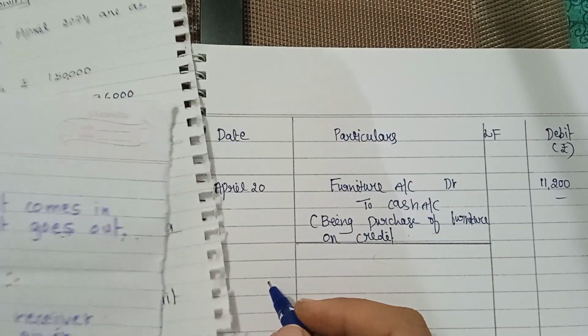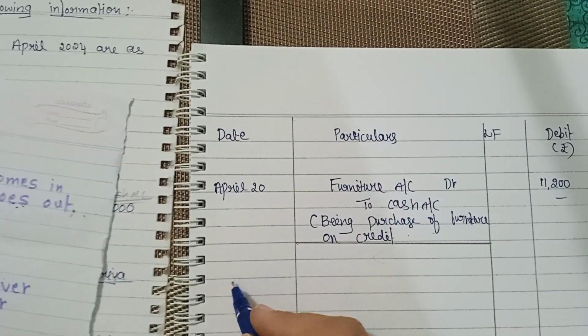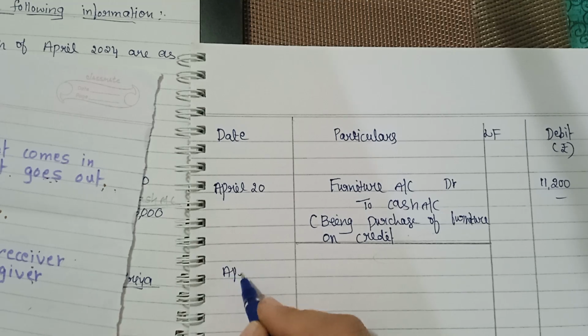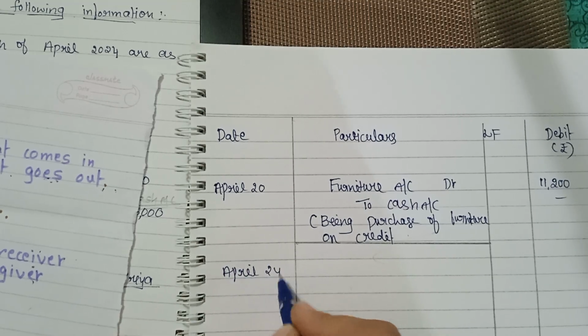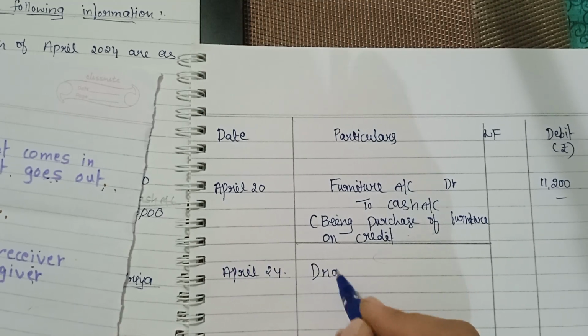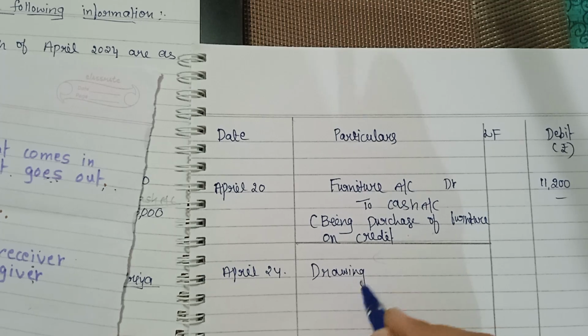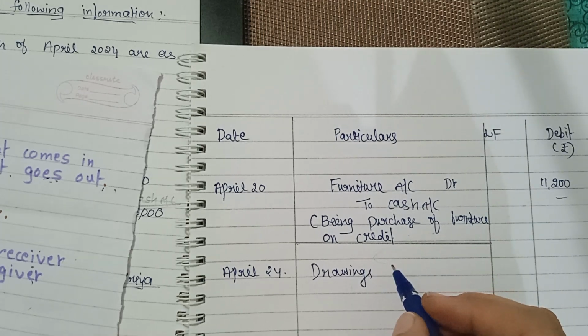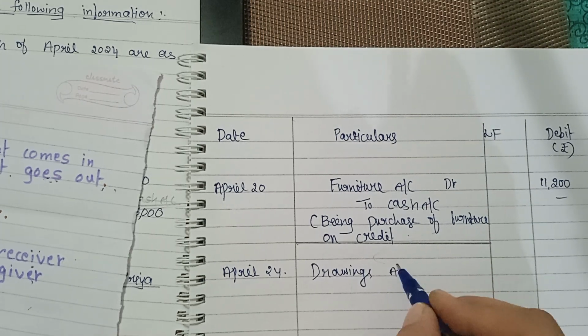So the entry is on 24th of April. Drawings account, because here Suresh has withdrawn the amount for personal purpose.